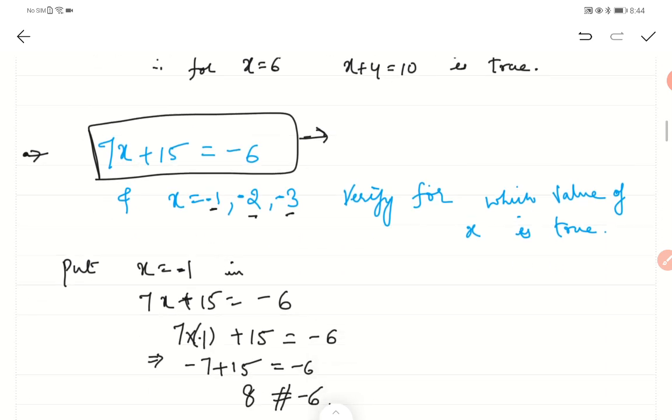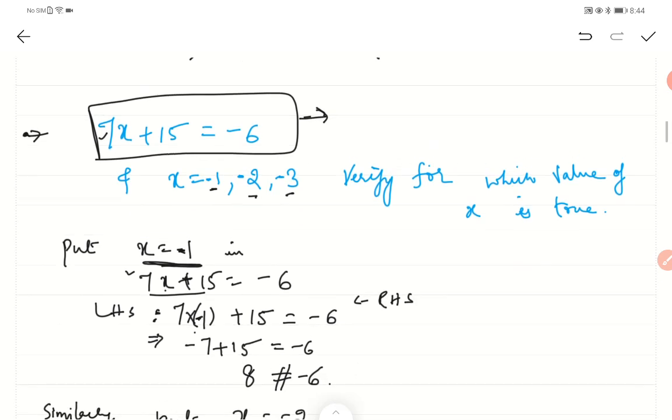So first I have put the value of x as -1 in this equation. So 7 into -1 plus 15, this is the LHS side. We are substituting x as -1. The RHS side we are putting as it is.